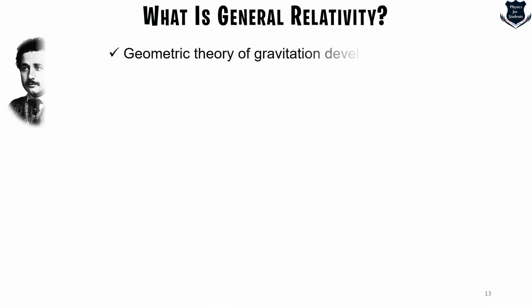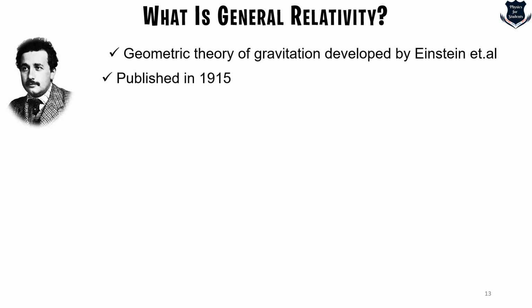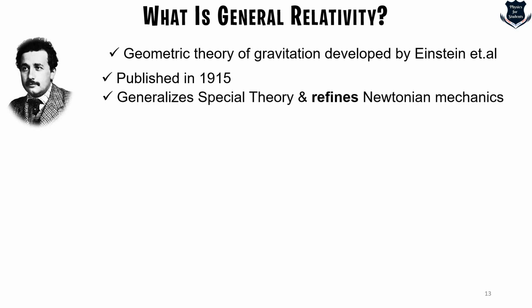Now you see that around 1905 the special theory of relativity was published, and 10 years later, the magnum opus of 1915, the entire general theory of relativity, which refines Newtonian mechanics into the special theory and gave birth to the general theory of relativity.